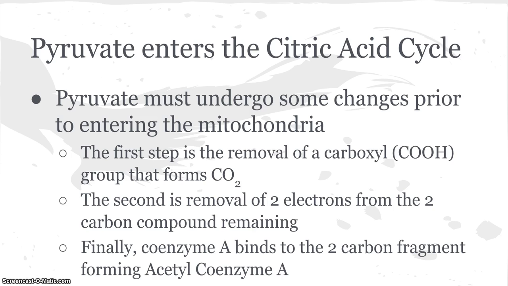The second is the removal of 2 electrons from the 2 carbon compounds remaining. So remember, we still have the pyruvate, which we're changing into acetyl coenzyme A. So we're removing 2 of those electrons from the carbon. And finally, the coenzyme A binds to the 2 carbon fragment that we took off before, forming the acetyl-CoA.